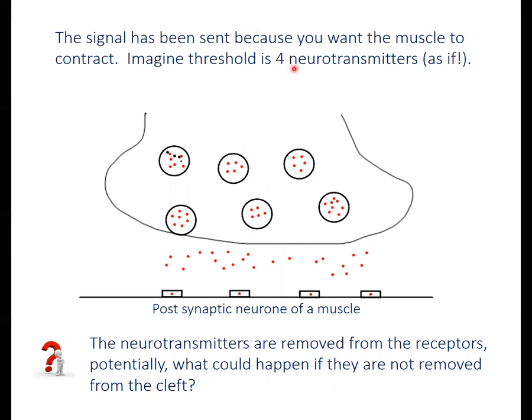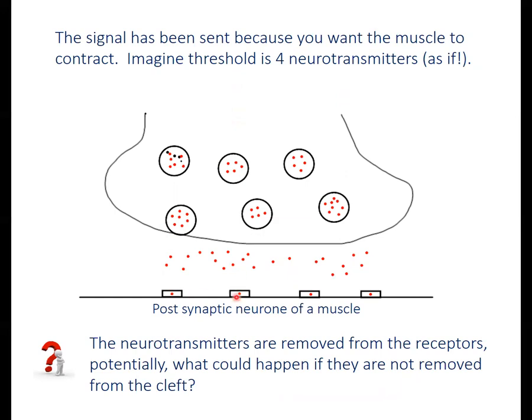that we need 4 neurotransmitters to travel across the synapse and bind to the receptors on the other side in order to reach threshold. So an electrical impulse travels through this axon. It stimulates the release of thousands and thousands of neurotransmitters into the synaptic cleft, and they start to diffuse across the synaptic cleft.